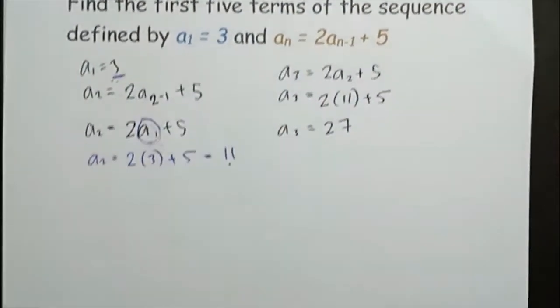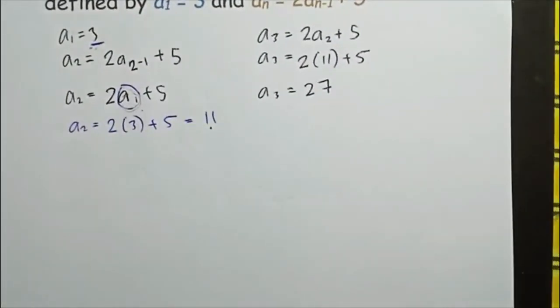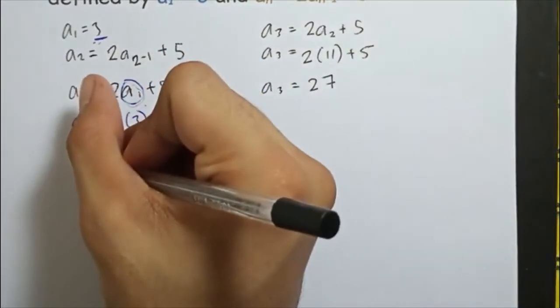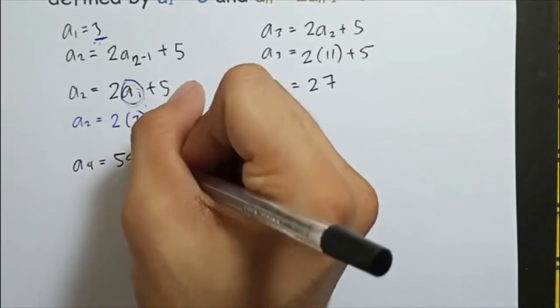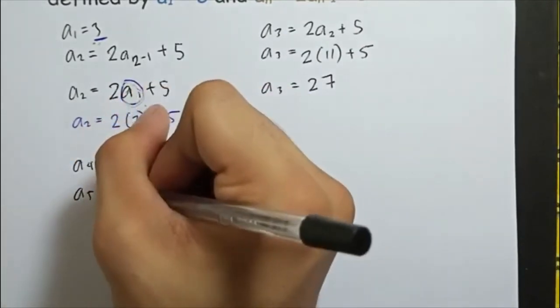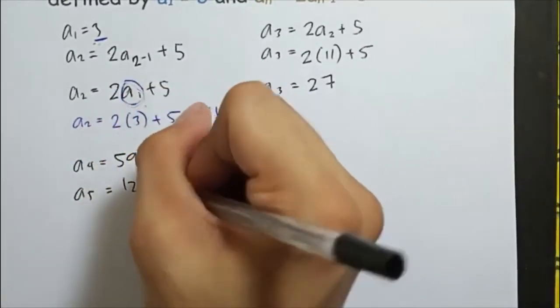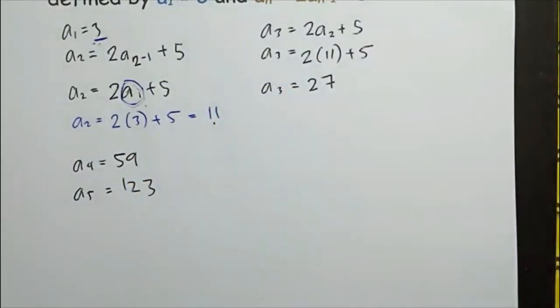Then by applying this formula, we can get the A sub 4 equal to 59 and A sub 5 equal to 123. Kayo na bahala mag-solve dyan. Substitution lang naman. Marunong naman kayo mag-multiply.